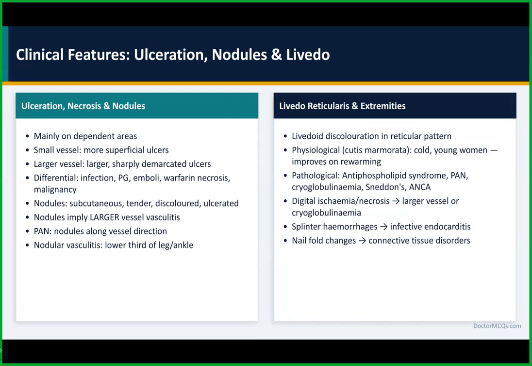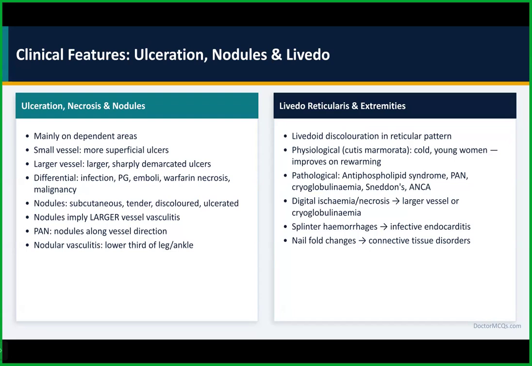It is a reticular pattern, mostly on the extremities. It can be physiological, mostly in young women, where it disappears as you rewarm the skin. It can also be pathological, in diseases like antiphospholipid syndrome, PAN and some ANCA-associated diseases.